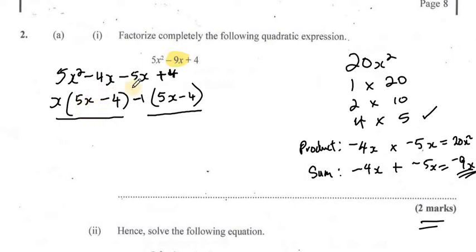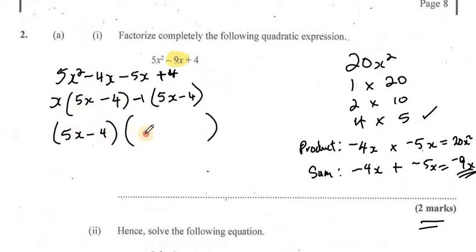It is the 5x minus 4. 5x minus 4 is common to both groups as factors. So we're going to factor out the 5x minus 4. When we factor out the 5x minus 4, from here we're left with x. And when we factor out the 5x minus 4 from this group here, we're left with what? Minus 1. Another way of doing it quickly is just to recognize that what you have in brackets here and here, you put it in a single bracket.